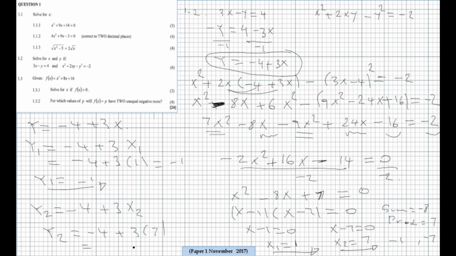So I will end up with negative 4 plus 3 multiplied by 7. So these two give 21. 21 minus 4 gives 17. So I have the value of y2, which is equal to 17. So then the equation is solved.